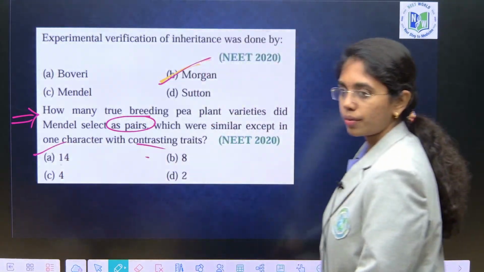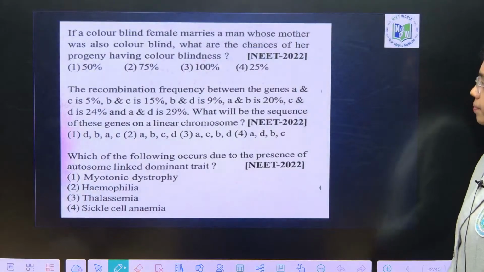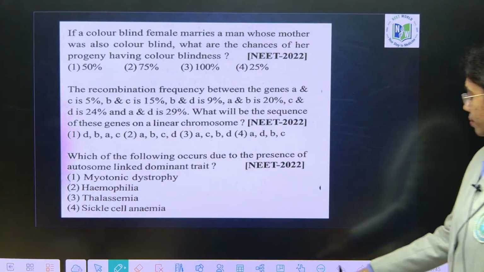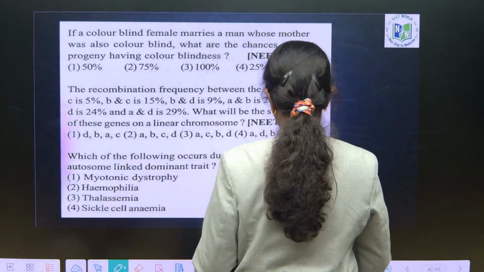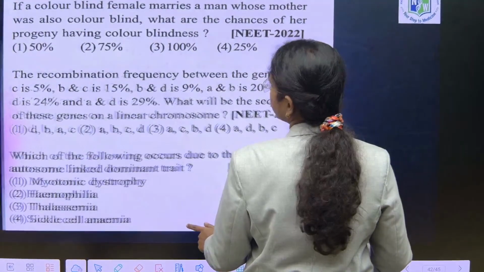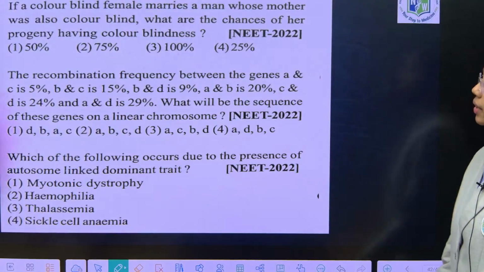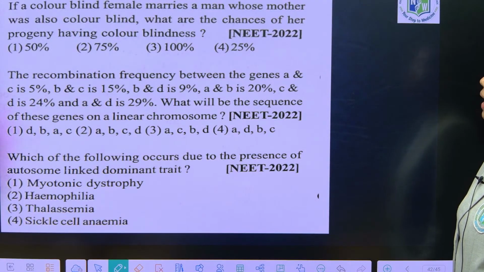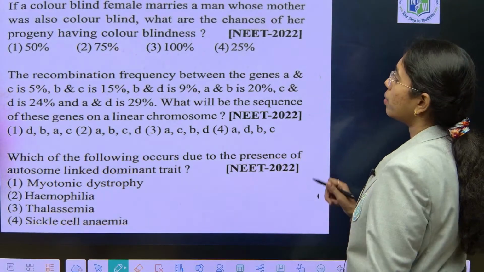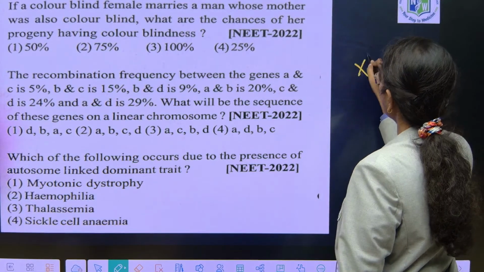Good. Simple, the one which we have dealt. If a colorblind female marries a man whose mother is colorblind, means he is affected, right?